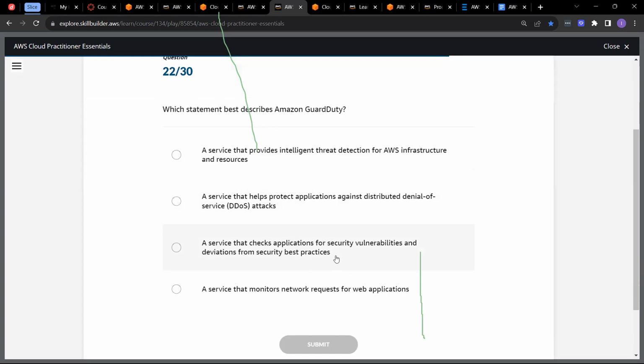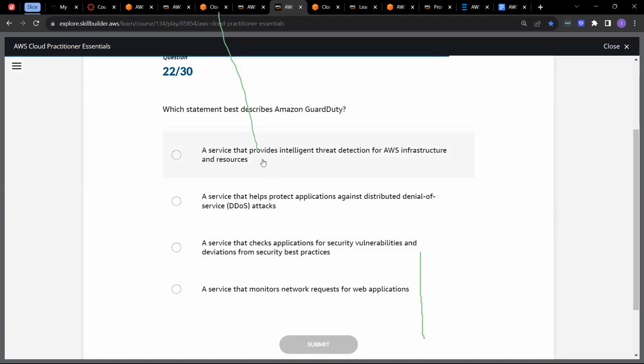The DoS one is AWS Shield. Now, a service that monitors network requests for web applications. I think it's this one.